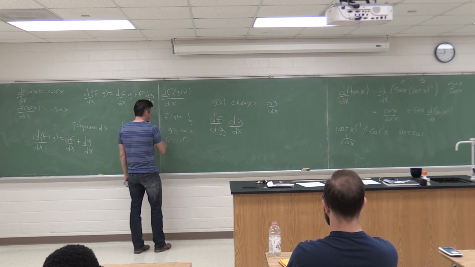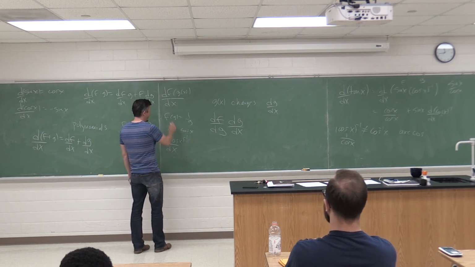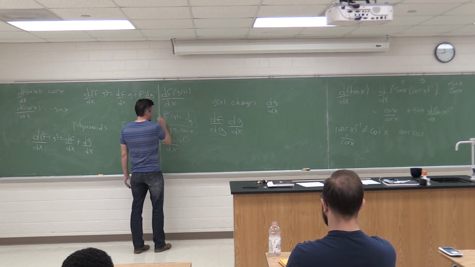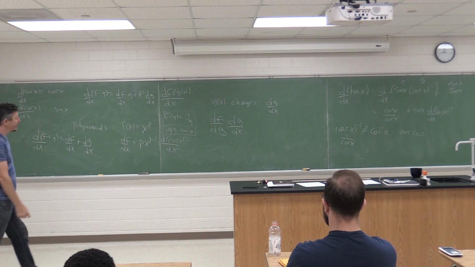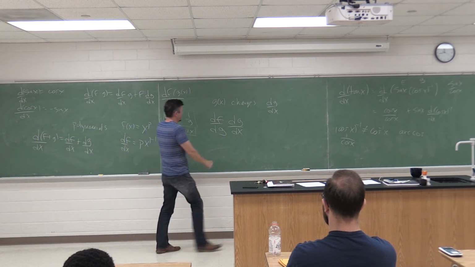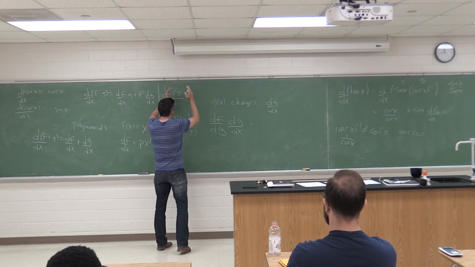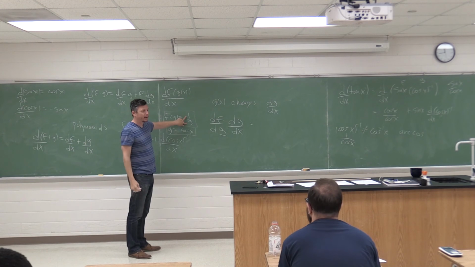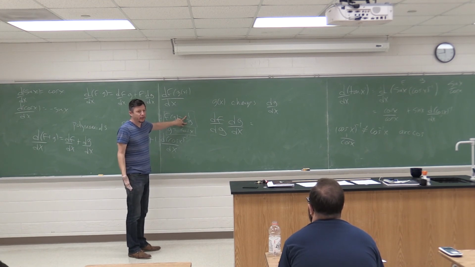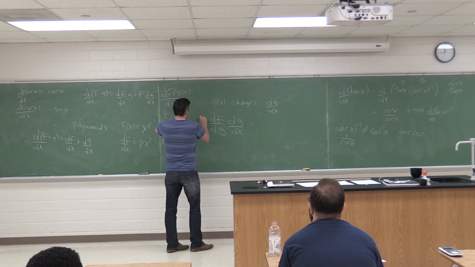To take the derivative of this, we say f is 1 over g, where g is cosine. So what will we get? Again, we're going from the outside, so we take the derivative of f with respect to g. What do I get? This is g to the minus 1, so it's negative g.